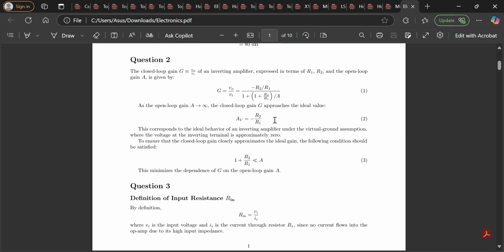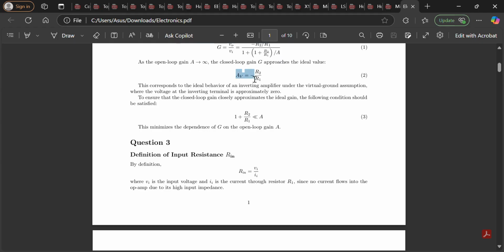This tells us that the gain is not just minus R2 over R1, but also depends on A. When A approaches infinity, the denominator approaches 1, and we get the ideal gain, which equals AV.